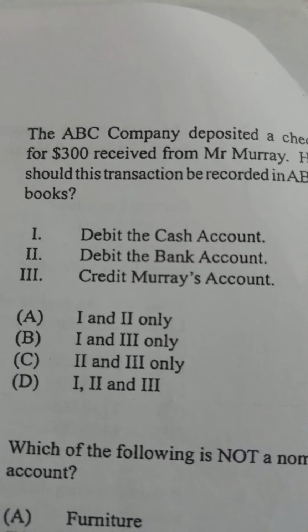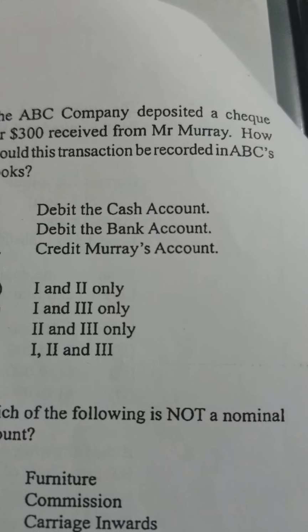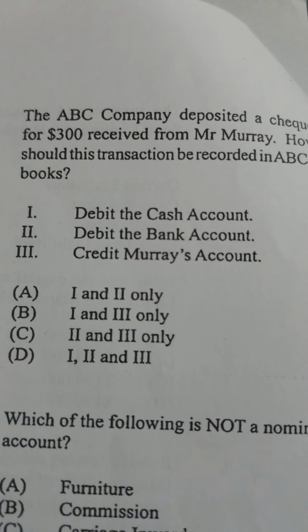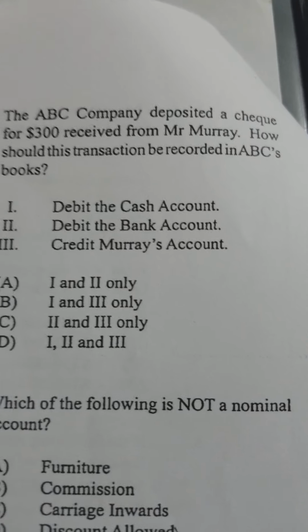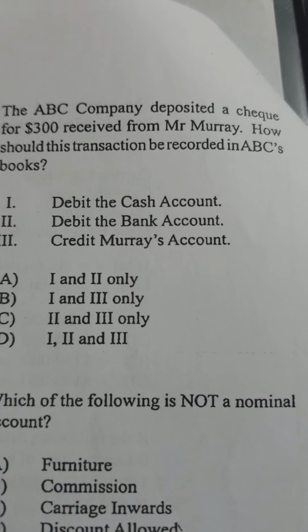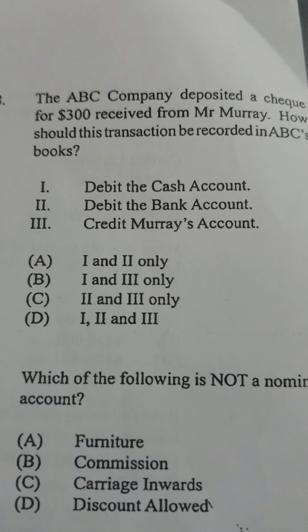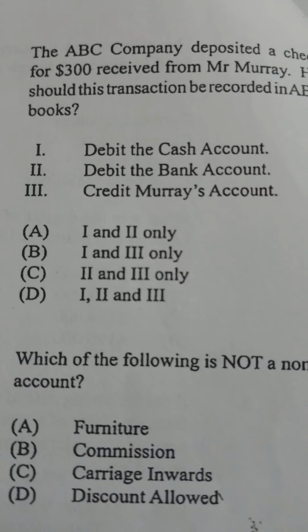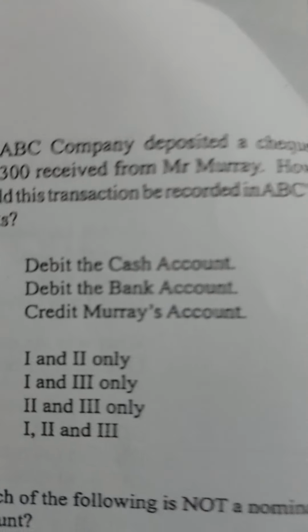Next question. ABC company deposited a check for $300 received from Mr. Murray. How should this transaction be recorded in ABC's books? All right, let's go to the stem of the transaction. What is the stem telling us?